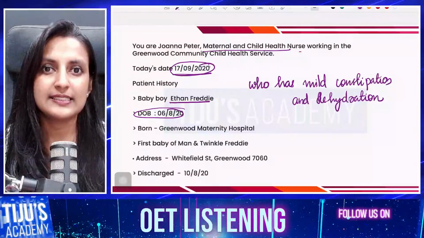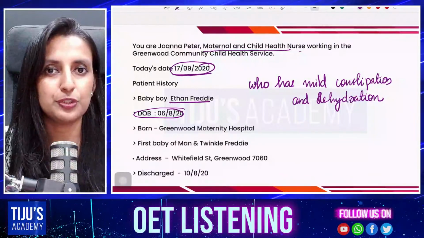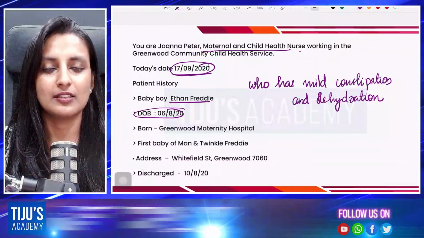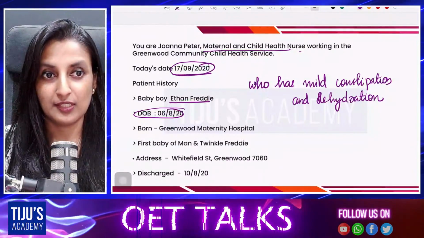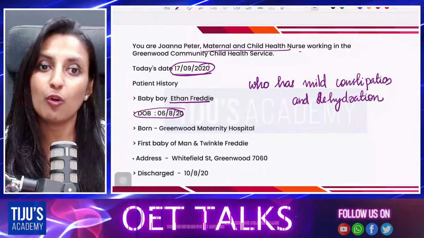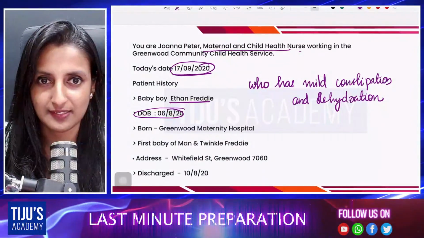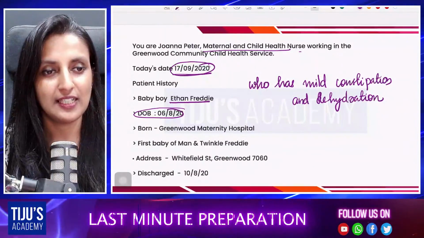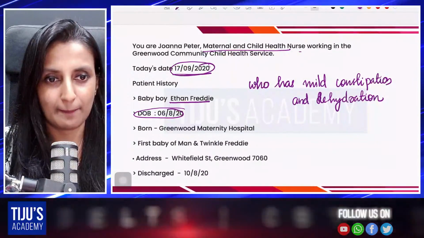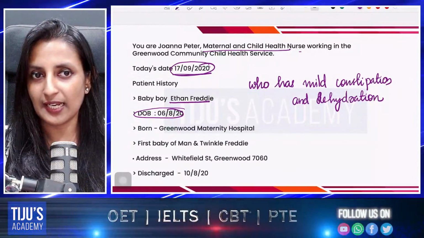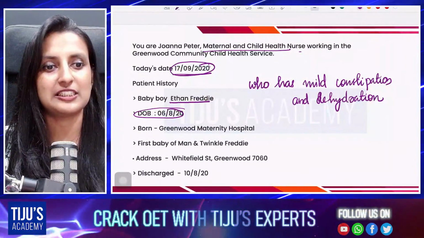Because the mother is having issues with the formula feed preparation, because Ethan is the first child. If she had multiple children, she would have experience. Since this is the first child, she doesn't have much experience. That is why all these issues are happening. So the lactation consultant should know that this is their first child and the mother doesn't have much experience.